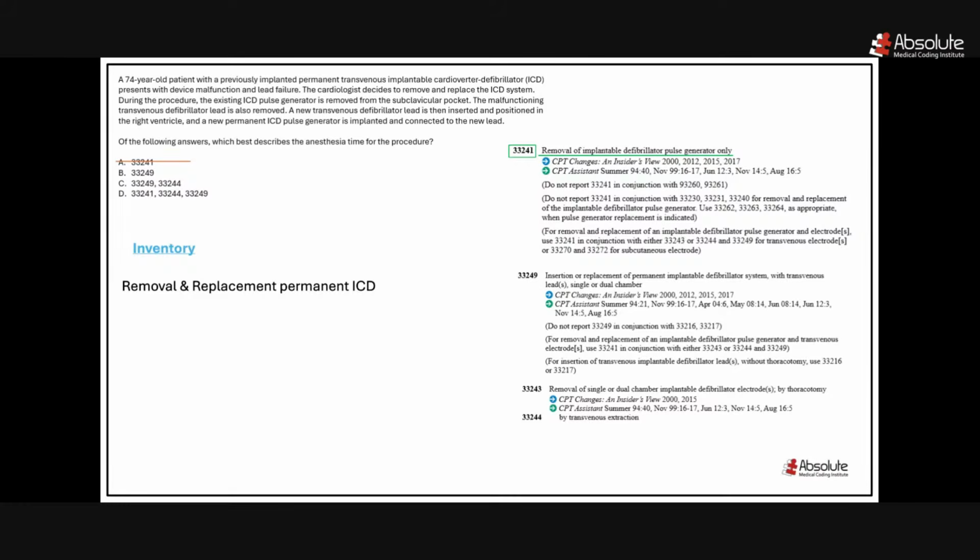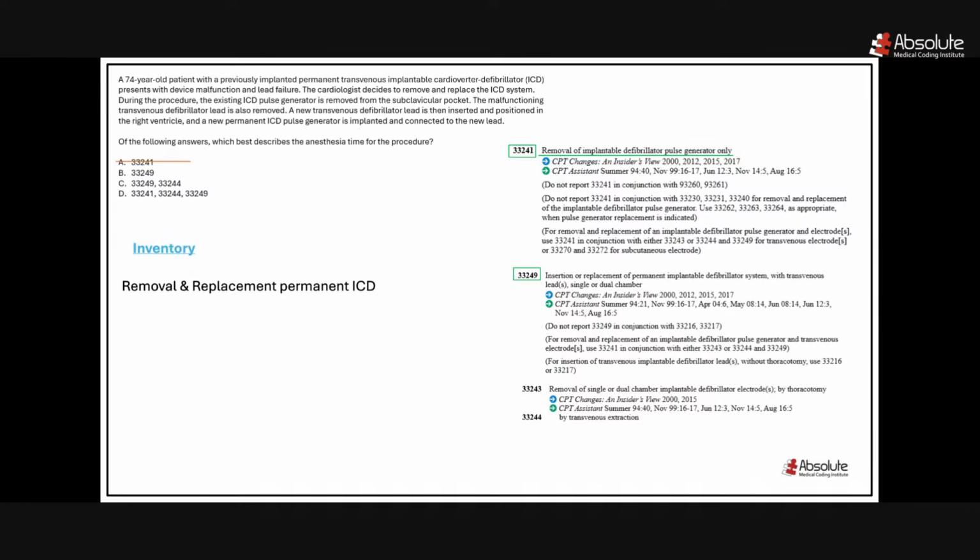We had a pulse generator, that is your battery, removed, and the leads removed, and an insertion of a new implantable defibrillator system was also performed. I can see almost all the alphabets now in the chat. So option A is wrong. We are moving on to option B.